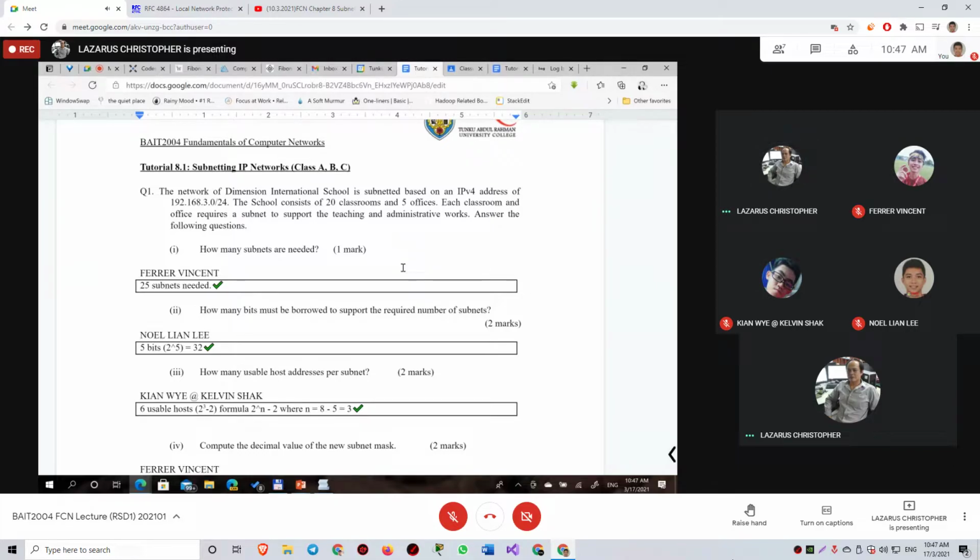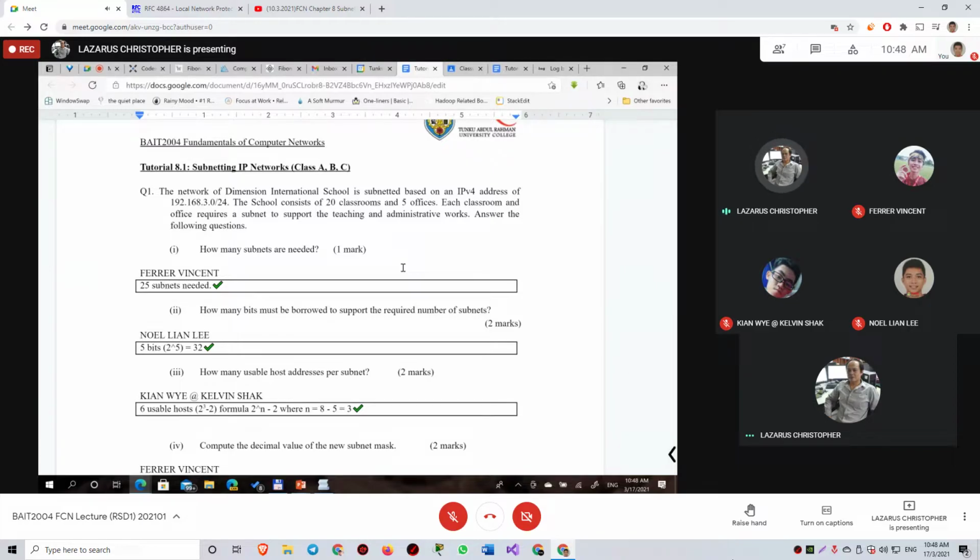But it can be done. That means your router at the back has to provide at least 25 ports, because there are 25 subnets. In the real world, I don't think you would do that, unless you don't have the money, the budget.